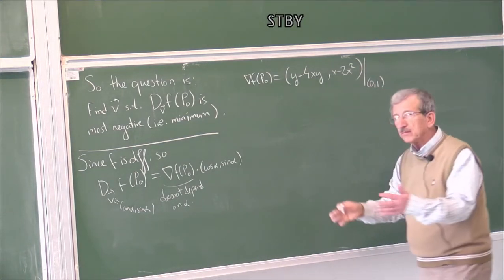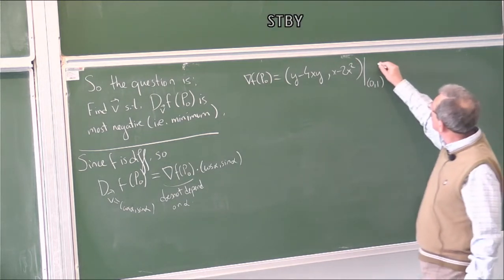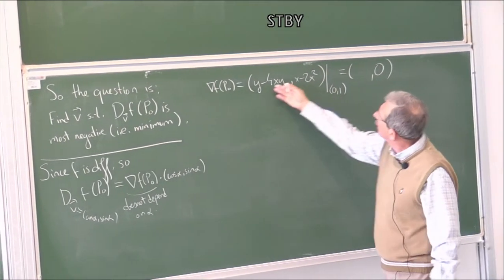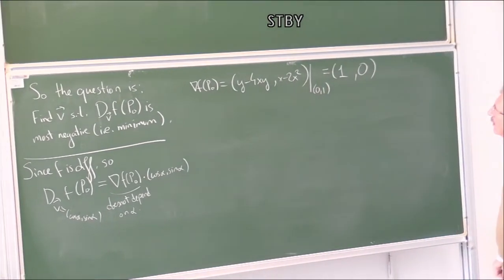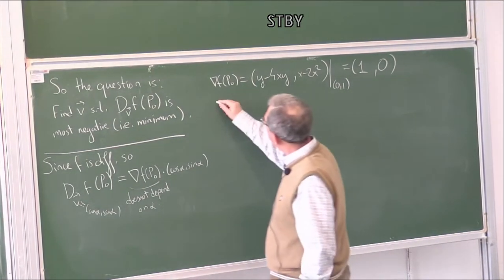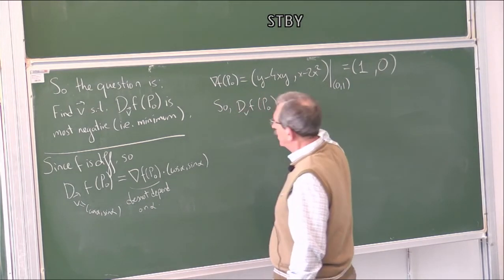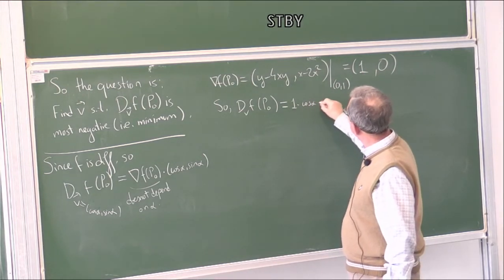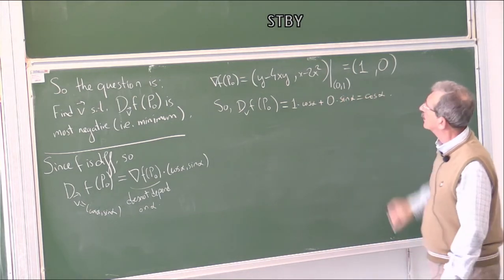The third component tells us the height. We are not interested in the height right now. So x being 0, the second one is clearly 0, and y is 1. So this is the gradient vector at this point. So d_V f at P0 becomes 1 times cosine alpha plus 0 times sine alpha. So it is nothing but cosine alpha.